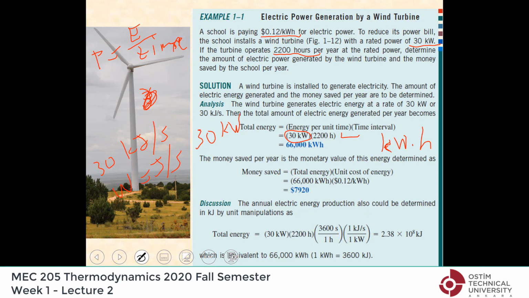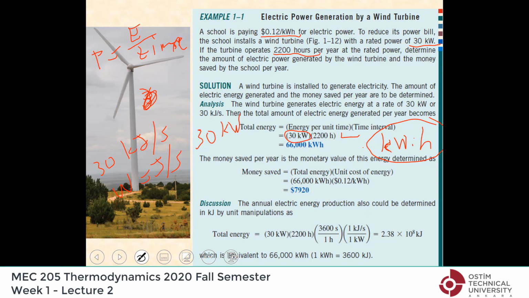Now, do we need to do a unit conversion here? Kilowatt times hour? No, because this is also known as a unit, kilowatt hour. So you ignore that dot in between right here. So the result is 66,000 kilowatt hour.